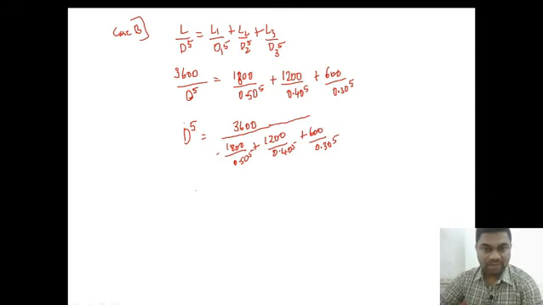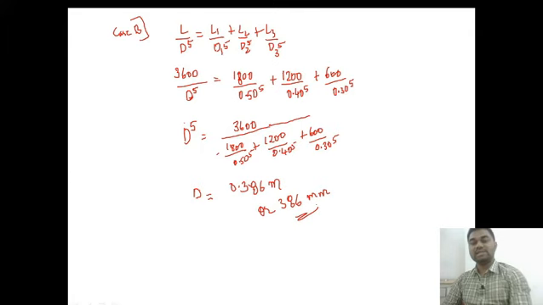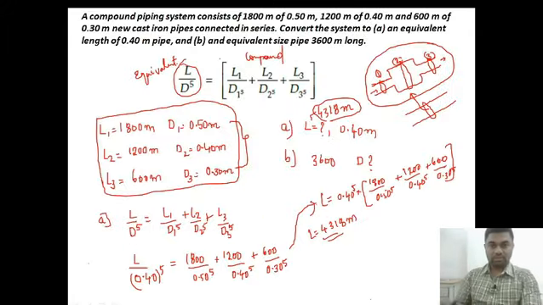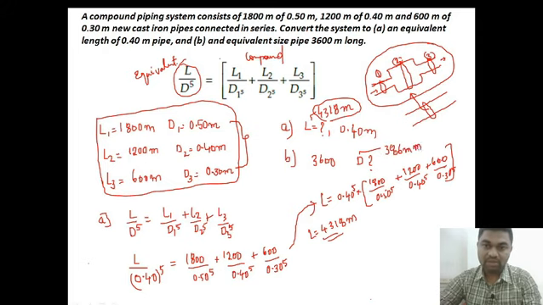By calculating this value, the diameter of the equivalent pipe will be around 0.386 meter, or 386 mm. So we have found it out. The diameter is 386 mm.